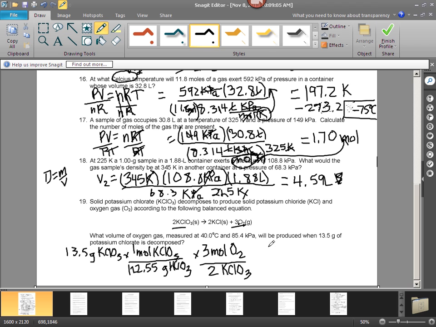And then back in Unit 7, our last conversion factor would have been 22.4 liters over 1 mole. But we're no longer at standard temperature and pressure, so we can't do that. Instead, what we're going to do is stop and actually calculate the number of moles that we got, which is 0.165.